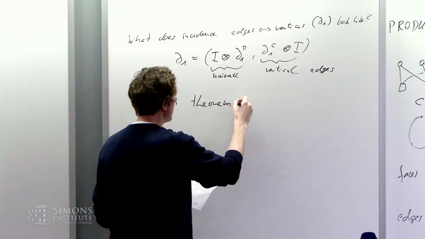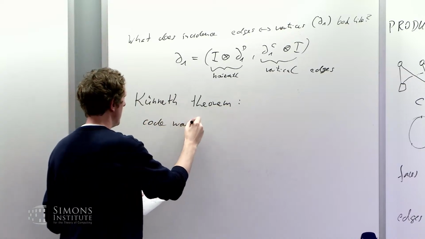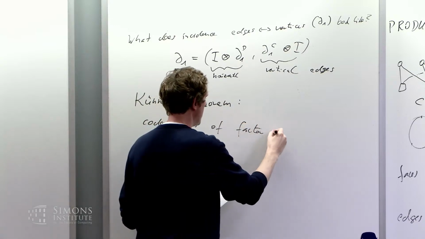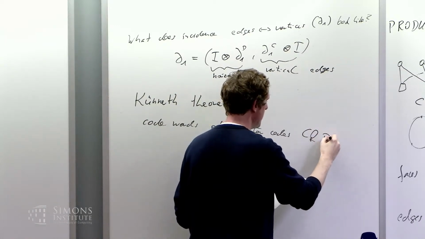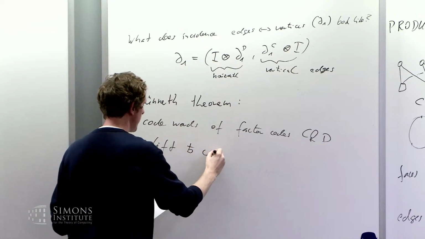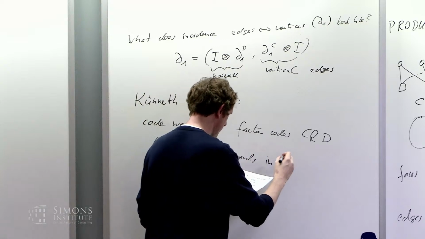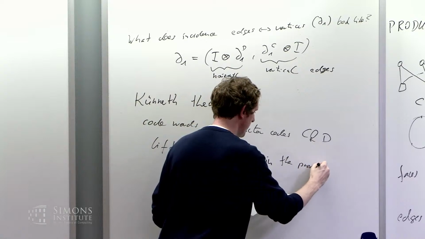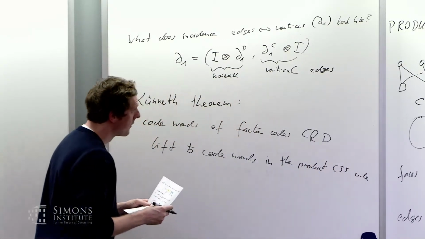This essentially tells us that the code words of the factor codes, call them C and D, lift to code words in the product CSS code.